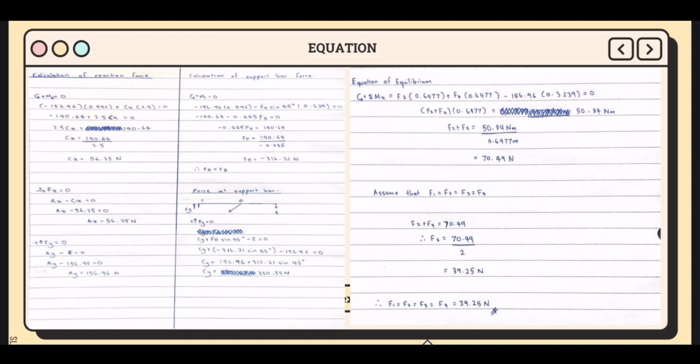To find the force at the support bar, we also use the moment method equal to 0, which is we take the force at point E times the distance 0.896 and minus Fd sine 45 times 0.629 equal to 0, and we will get negative 140.64 minus 0.445 Fd equal to 0.